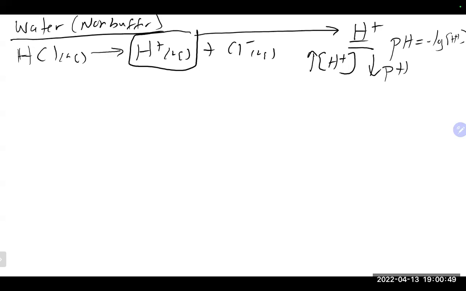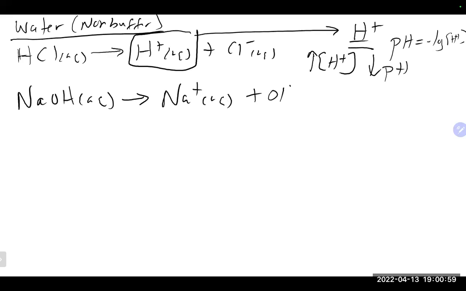If we took some sodium hydroxide and dumped it into water, again, sodium hydroxide, a really strong base, will also break apart 100% into sodium ions and hydroxide ions. And what we just created here is a ton of OH minus really quickly.